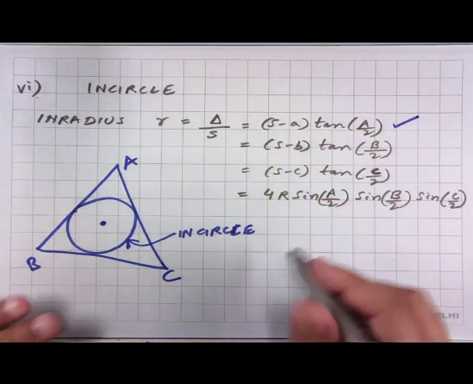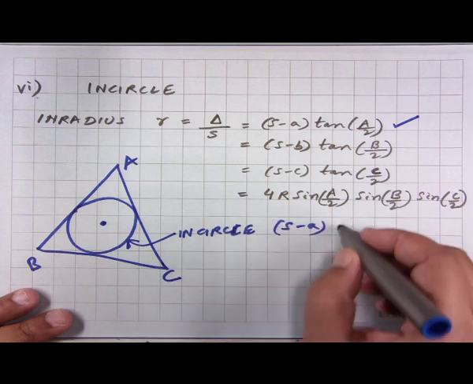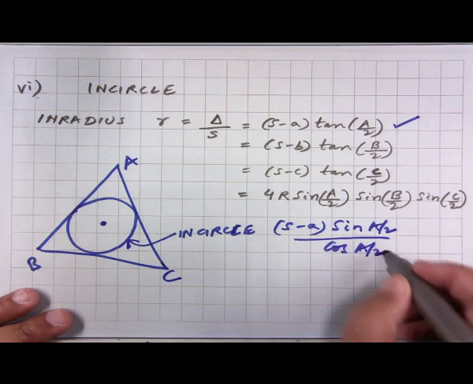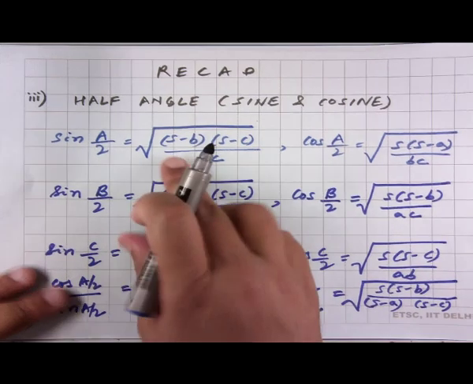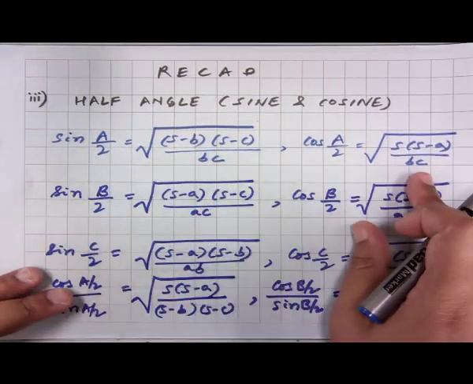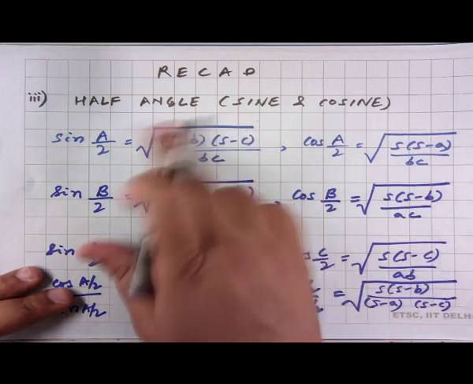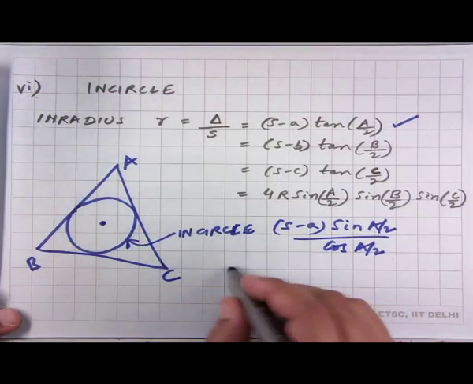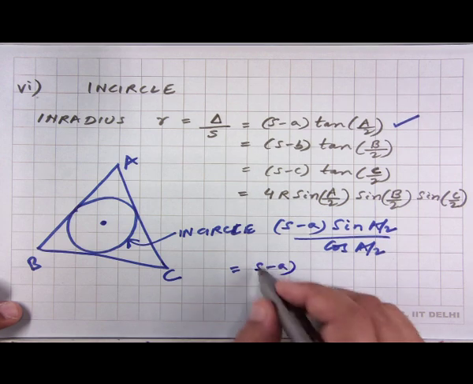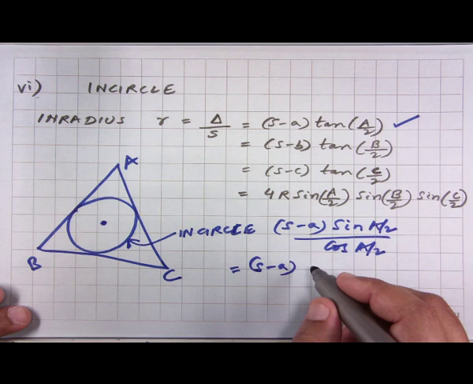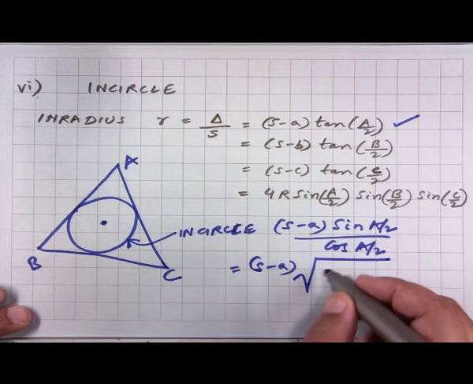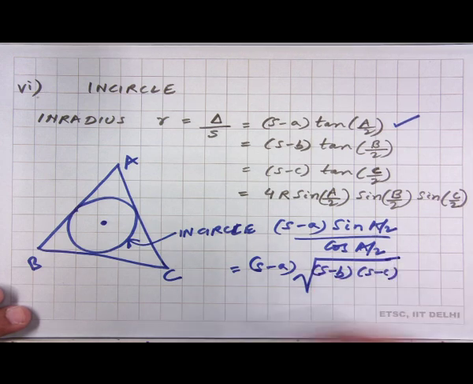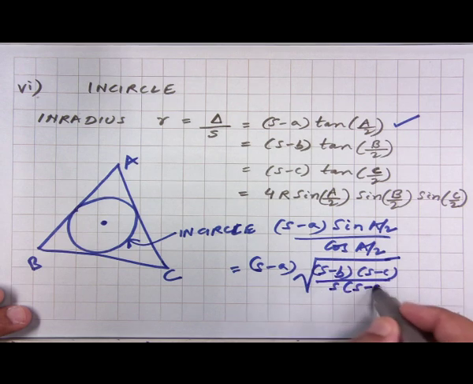So, this is nothing but s minus a into sine a over 2 divided by cos a by 2, and then we take the expression for sine a by 2 and cos a by 2. So, tan a by 2 will be this quantity divided by this. So, this is therefore equal to s minus a into root of s minus b times s minus c over s into s minus a.